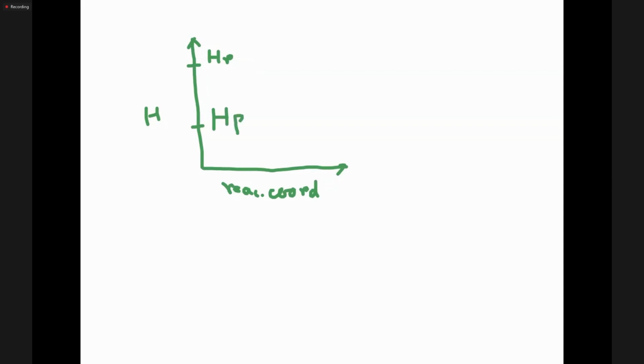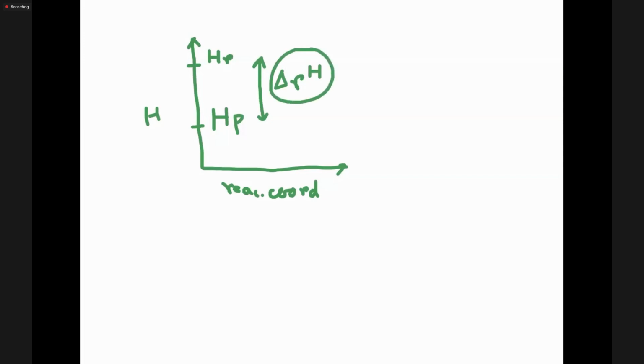And let's say the product enthalpy stands out here. That is HP. The energy gap involved in the difference between these two, HP minus HR or HR minus HP, is termed as the delta R H value. That is the net heat evolved in the reaction.